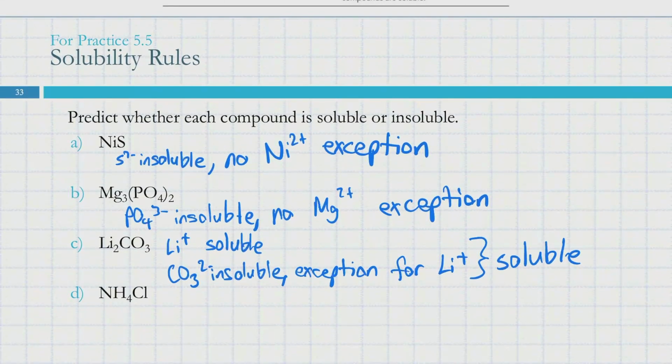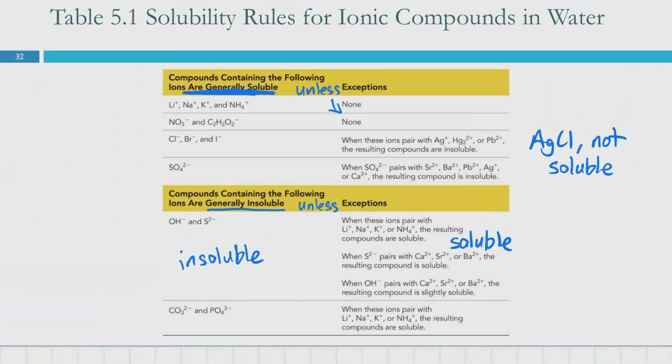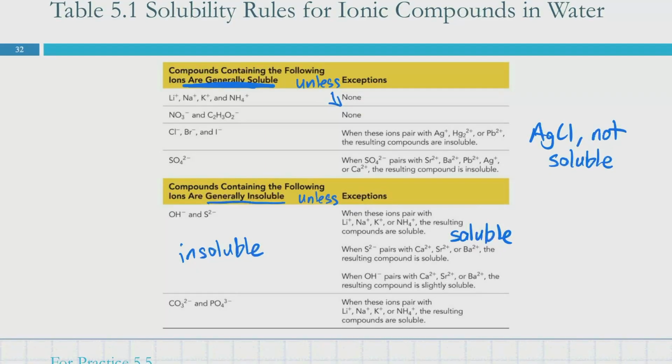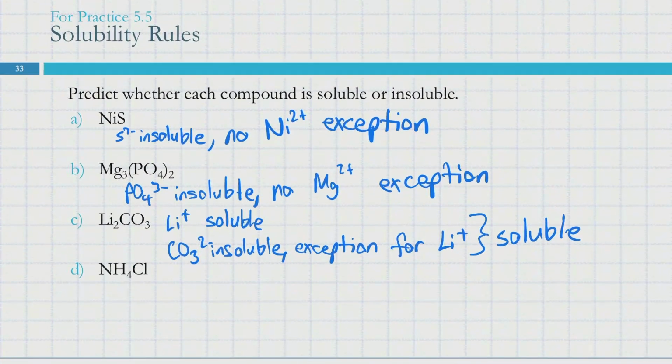And then last but not least, we've got ammonium chloride, NH4Cl. NH4 is ammonium with a 1 plus charge, no exceptions to its solubility. So ammonium chloride will also be soluble.